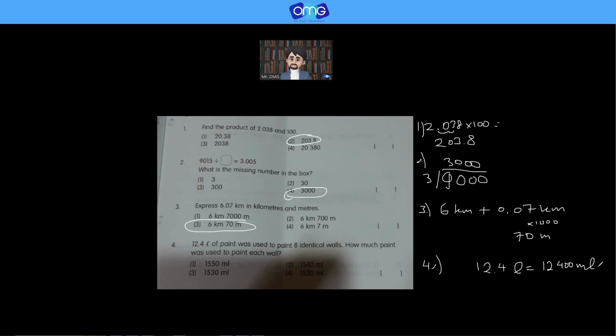That's 12,400 milliliters. And then we divide it by 8. Just use fast calculations. This is 1,550. And that's the answer.